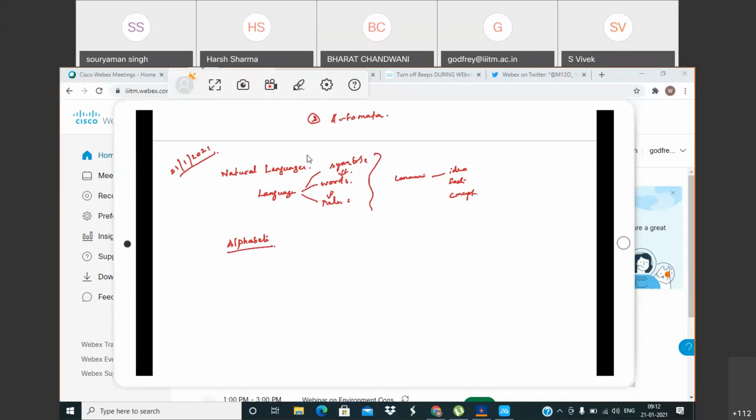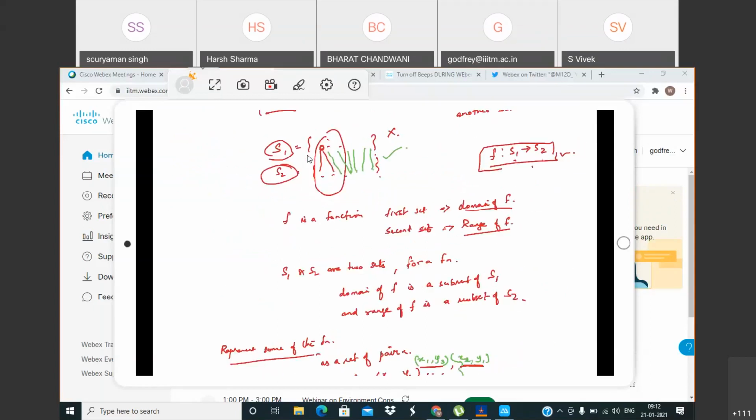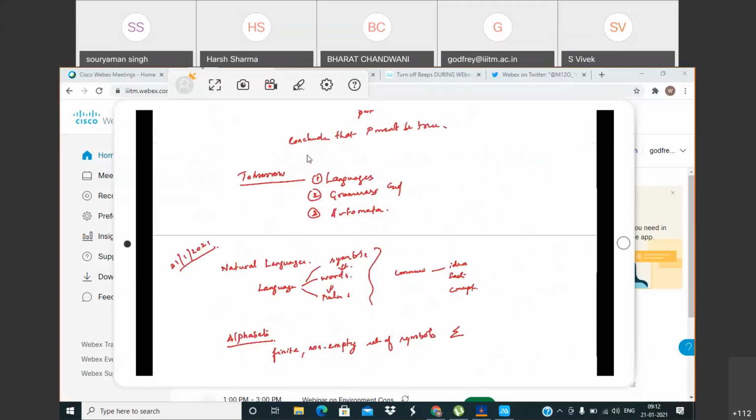Alphabet is the term that is used to denote a finite and non-empty set of symbols. This alphabet may be given by sigma.